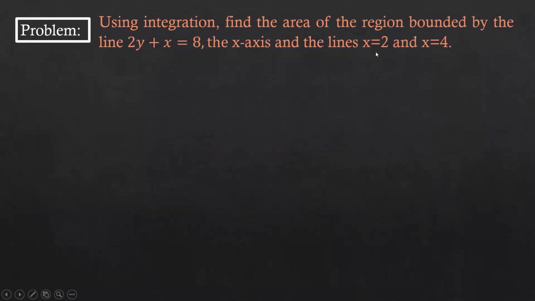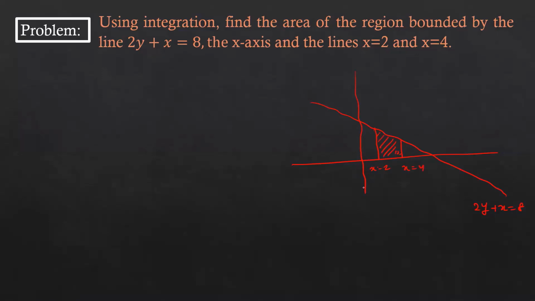So, using integration, find the area of the region bounded by a straight line. There is a picture of this type, with the line 2y plus x equal to 8, bounded by two lines: suppose this is x equal to 2 and this is x equal to 4. We have to find this area.